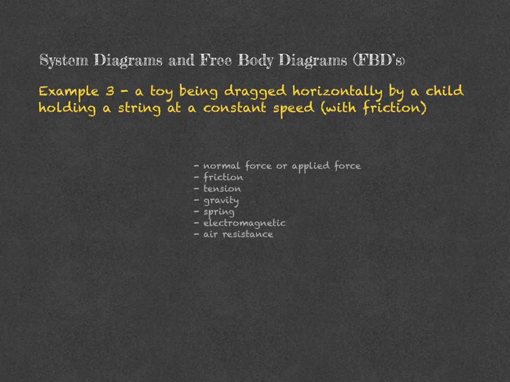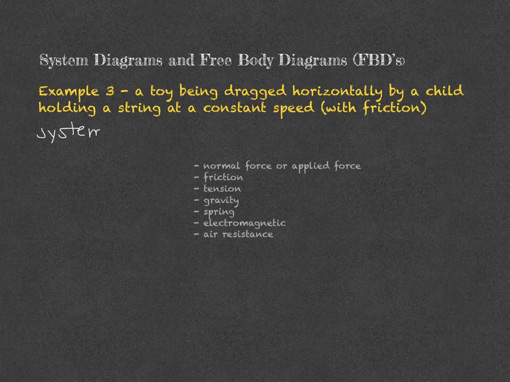In this problem, we have a toy that's being dragged horizontally by a child holding a string, and it's being pulled at a constant speed. And the problem also tells us that we want to include friction. So let's start off with our system diagram where we just sketch the situation. So we want to show the toy.